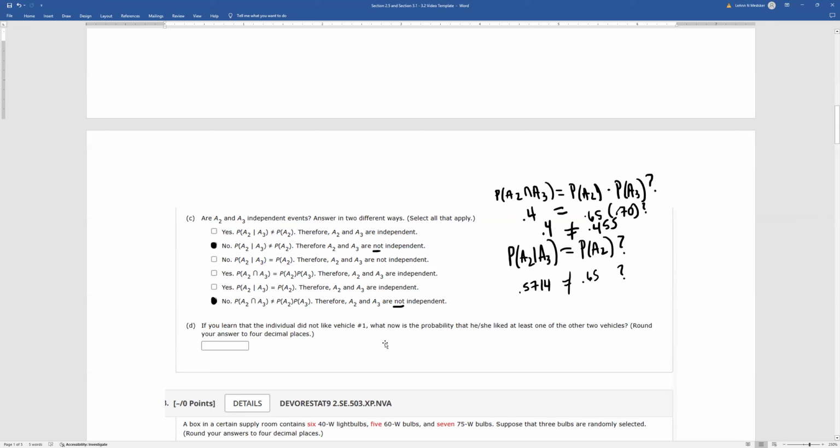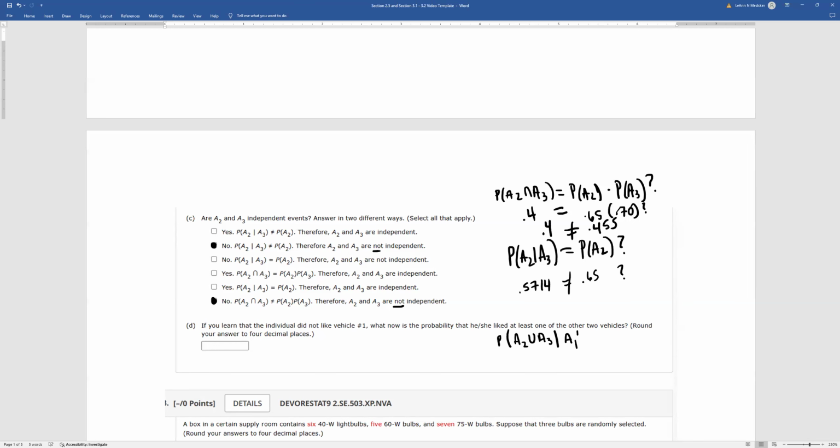And then it says, if you learn that the individual did not like vehicle 1, what now is the probability that he or she liked at least one of the other 2 vehicles? Okay, so let's write that in symbol notation first. So they're going to like one of the other 2 vehicles, which would be either A2 or A3, given that we already know, because they already told us, that that person did not like vehicle 1.